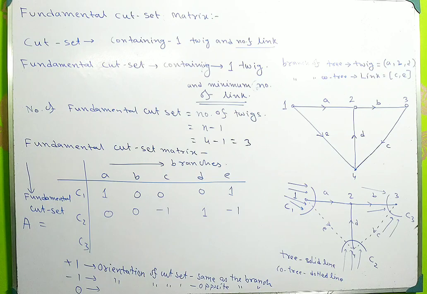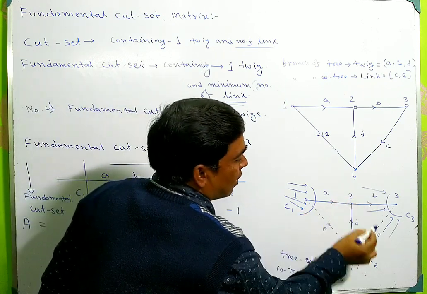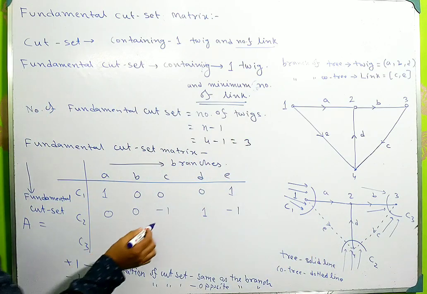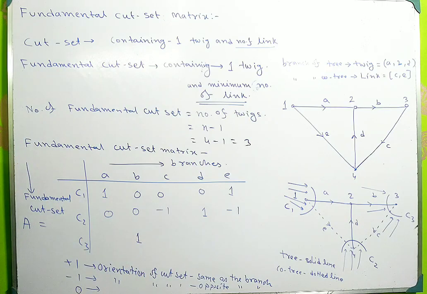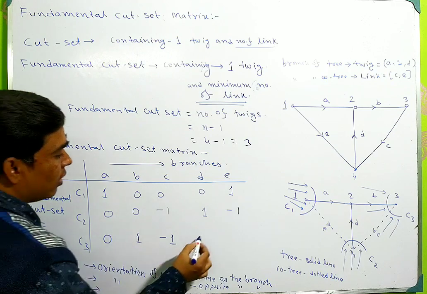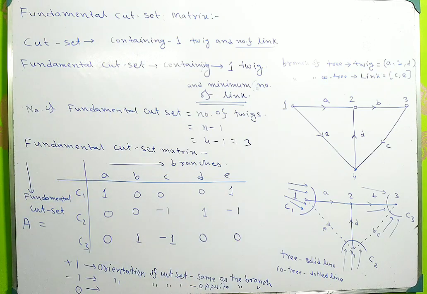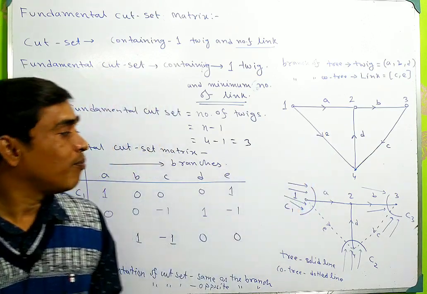Then for C3, B is in the same direction, so B is +1 and C is in the opposite direction, so this is -1. The remaining quantity is 0. So this is the fundamental cut set matrix of this graph related to the network.